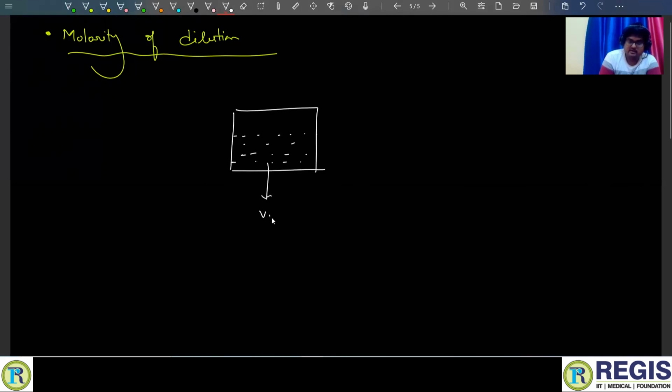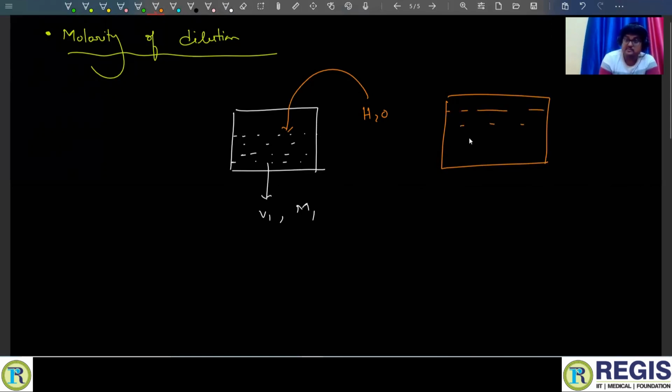Volume we are taking V1 and molarity we are taking M1. Now if you add some amount of water, after addition of water it becomes like this. That means volume increases. If the volume increases, what will be the final volume? Final volume becomes V2. Now if the volume increases, definitely molarity will change. Final molarity I am taking as M2.